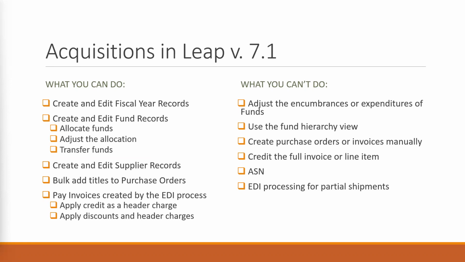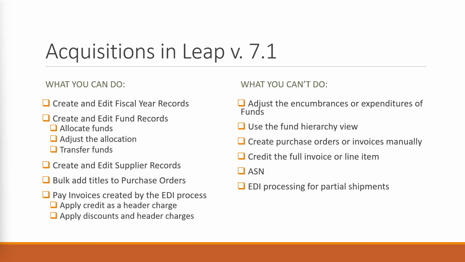With the current version, the 7.1 upgrade, the fiscal year, fund, and supplier records are nearly completely functioning. Innovative still needs to add some functions to fund records. At this time, you can allocate funds, adjust allocations, and transfer funds.